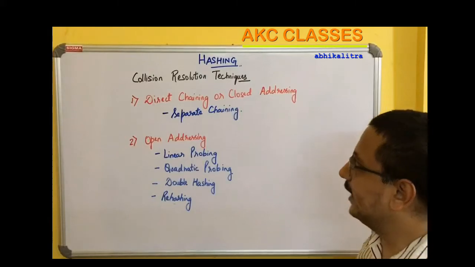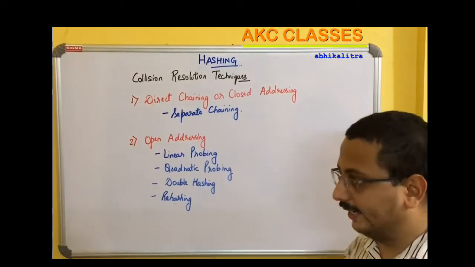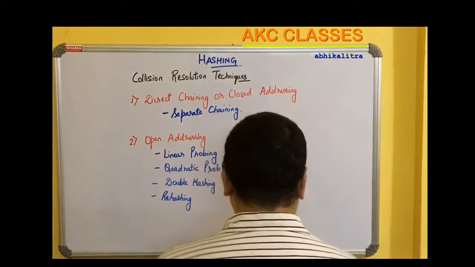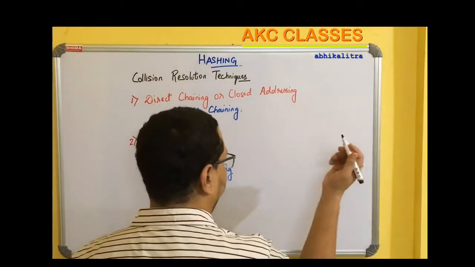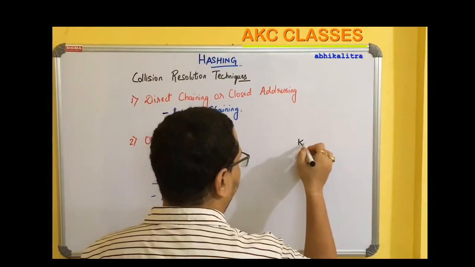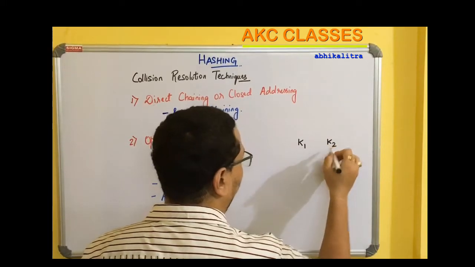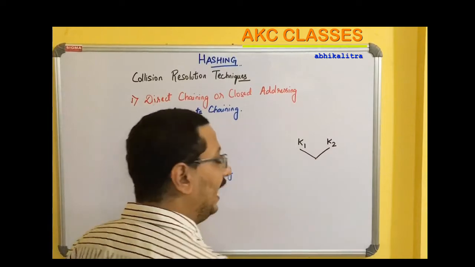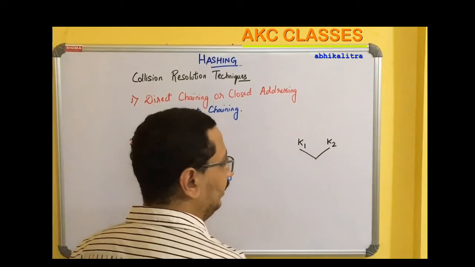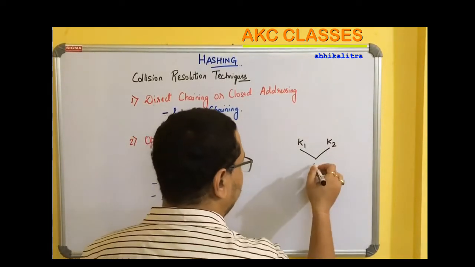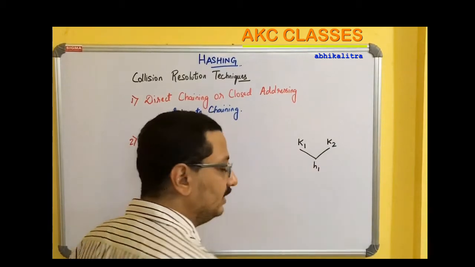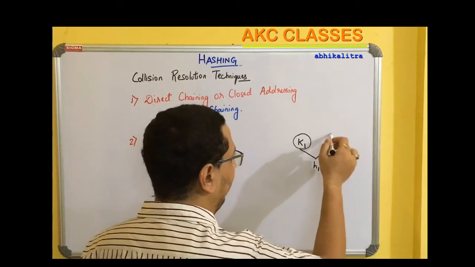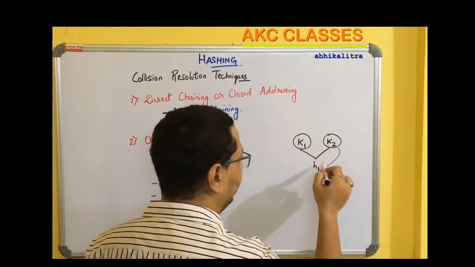Now we come to the next topic, which is collision resolution techniques. We already know what a collision is. Say there are two different key values, k1 and k2, and the hash value generated by the hash function for both is the same hash value, h1. That means the hash value for k1 is h1 and the hash value of k2 is also h1.